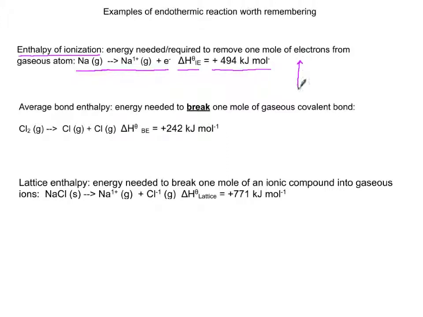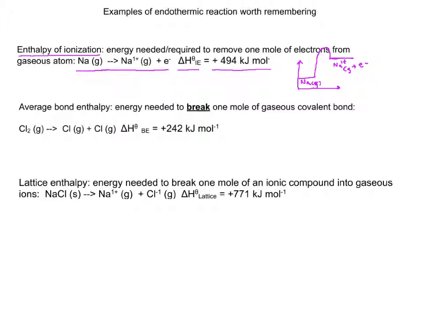So they won't ask you to draw an enthalpy diagram for this, but here, down here, you have sodium solid, and up here you have sodium gas, and then here you have ion of sodium plus electron as your product. So this is sort of enthalpy diagram for that.